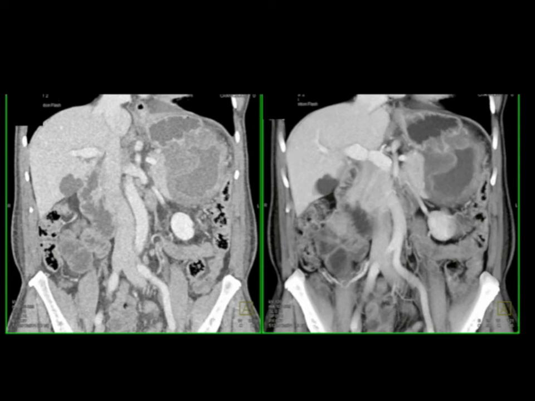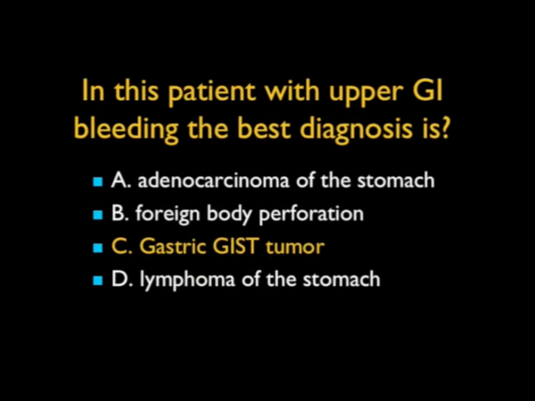But the exophytic nature of the mass, the large ulceration, the soft tissue thickening, and the mass effect make me say gastric GIST tumor. The majority of GIST tumors in the stomach, which has 70% of all GIST tumors in the GI tract, are large, exophytic, and ulceration is not uncommon. Just a beautiful, beautiful example.